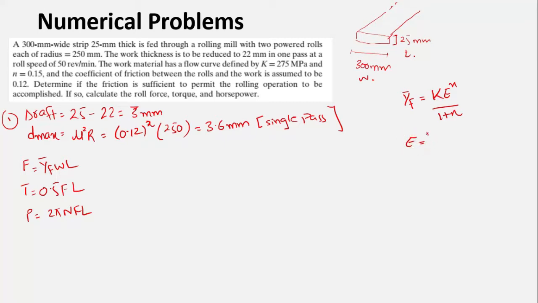So what was the value of the true strain? It was ln of initial height divided by final height, h naught by h, or we can simply write ln of 25 by 22. So the true strain in this case would be 0.128. Now we'll put it in the formula.